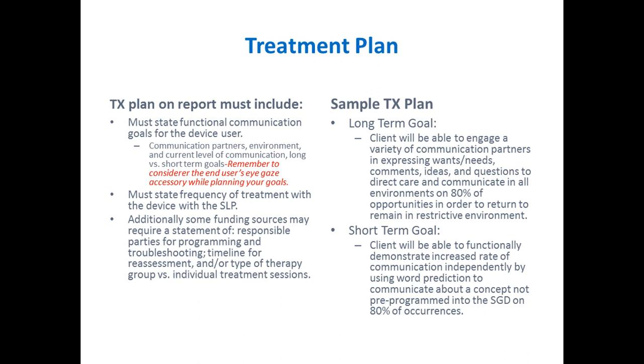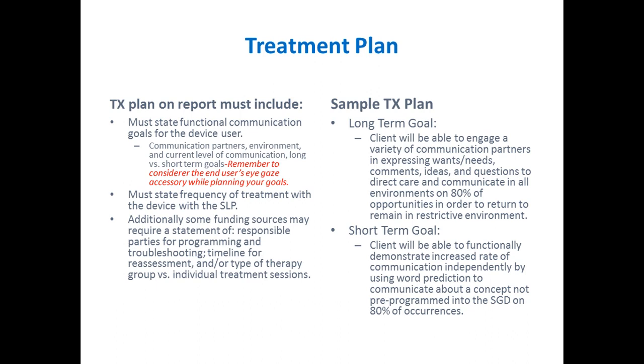So here's an example of a long-term goal. Client will be able to engage a variety of communication partners in expressing wants, needs, comments, ideas, and questions to direct their care and communicate in all environments, 80% of opportunities, in order to remain in their least restrictive environment.